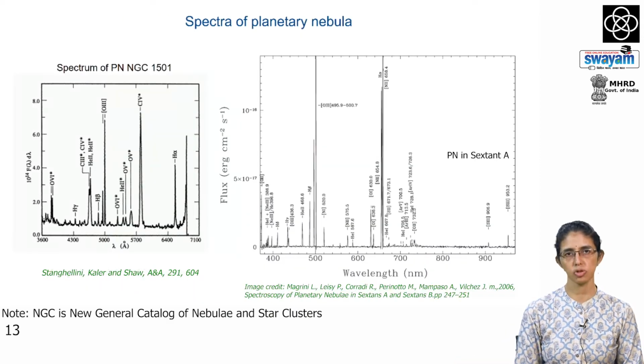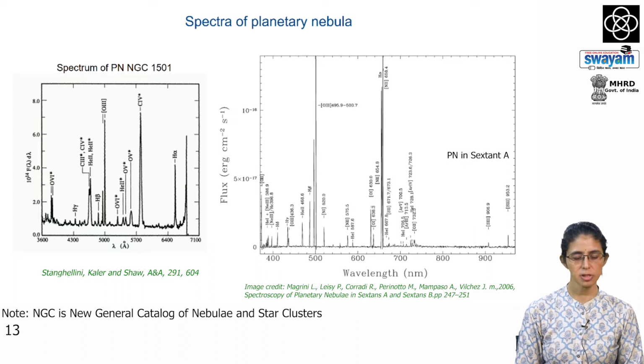This panel shows spectra taken towards two planetary nebulae. The left side shows the spectrum of a planetary nebula, NGC 1501. NGC is a catalog of nebulous objects, and one can see a number of emission lines, and these are high excitation and high ionization lines.